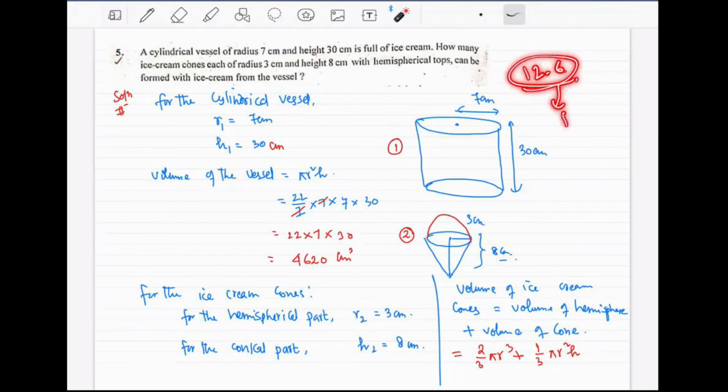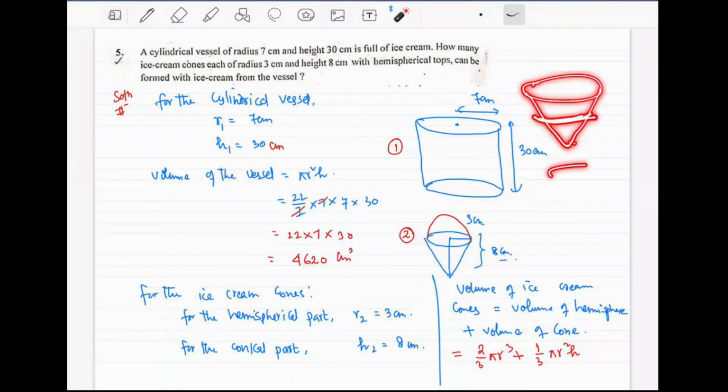That has something called the frustum of a cone. You take a cone, cut it off here, and the part you get looks like the shape of a water bucket. But this part was removed according to your latest syllabus. So you may expect such long questions carrying 5 marks from mensuration.